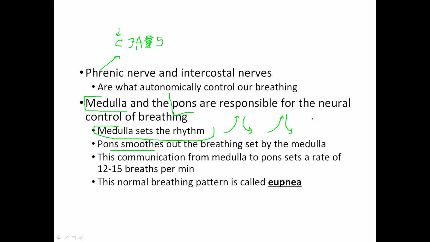The pons tells you to do that about 12 times per minute. So most people breathe around 12 to 15, and this is resting, okay, a resting rate of about 12 to 15 times per minute. If you start exercising, you're definitely going to be breathing heavier, okay? So the medulla, how far you breathe in and how much you exhale, and the pons, how many times you do that in a minute. Okay, normal breathing is called eupnea.